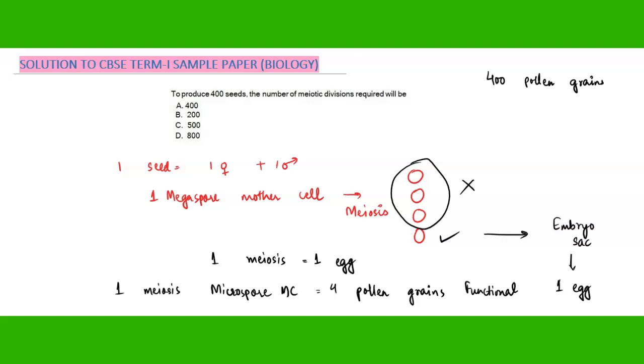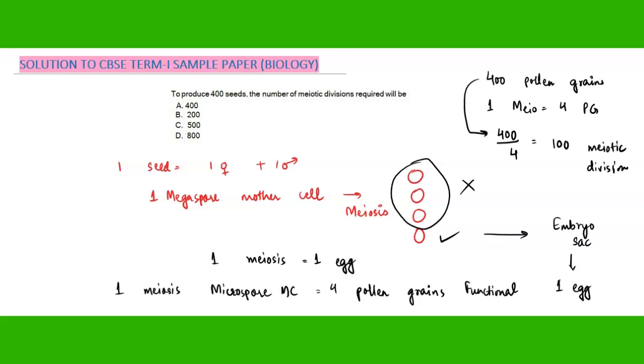From one meiotic division 4 pollen grains are formed, so we take the value of 400 and divide it by 4. That means we would require 100 meiotic divisions to form 400 pollen grains.